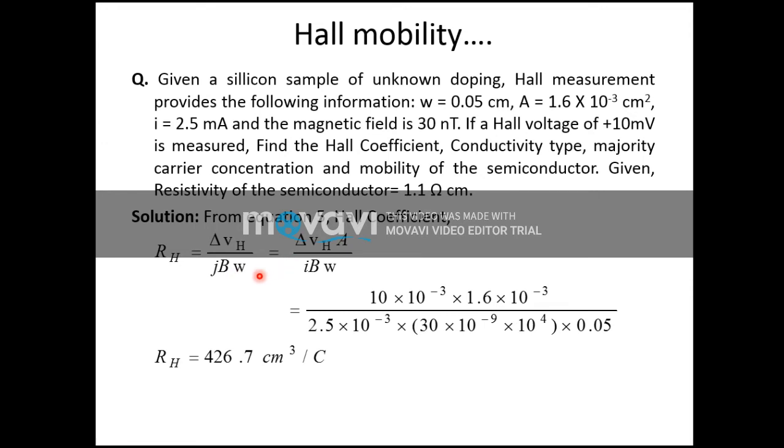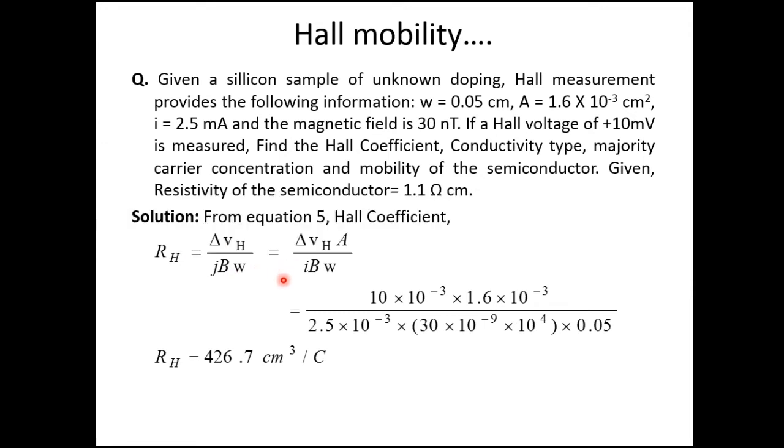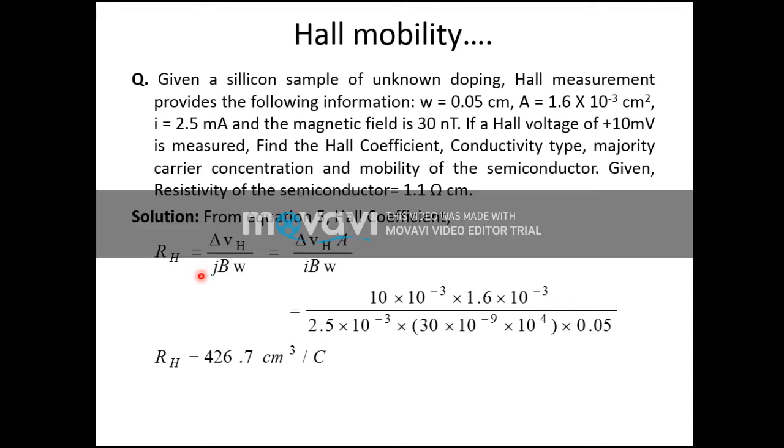Okay, so we can write this here. Because J is equal to I by A, this is the current density, so I will come here, A will go up.